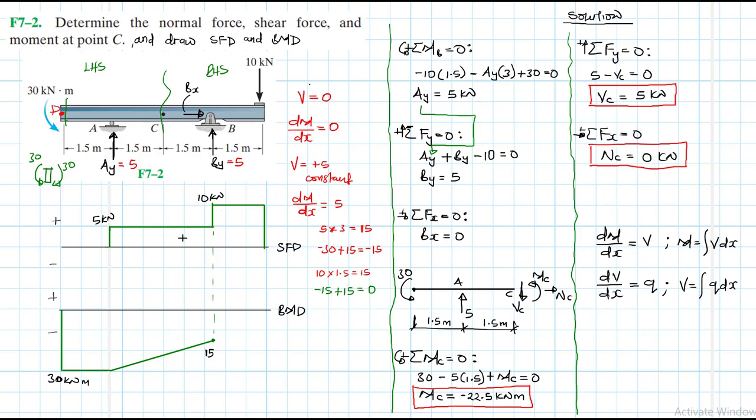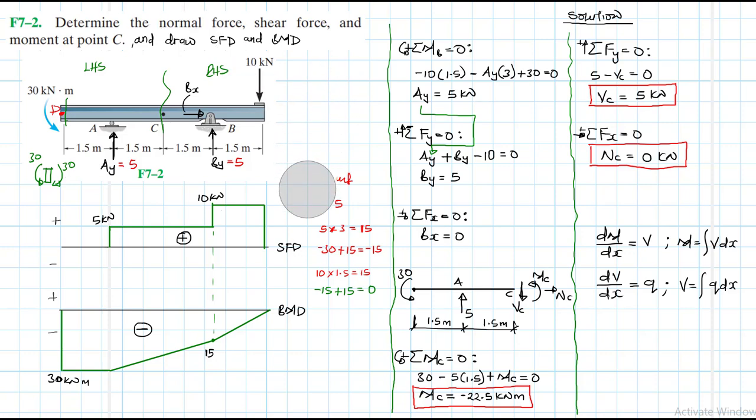So we said when they algebraically sum up, we expect this to close up like that, with a positive slope of 10. All right. So this is a negative moment, and this is positive shear. I think this is about it.